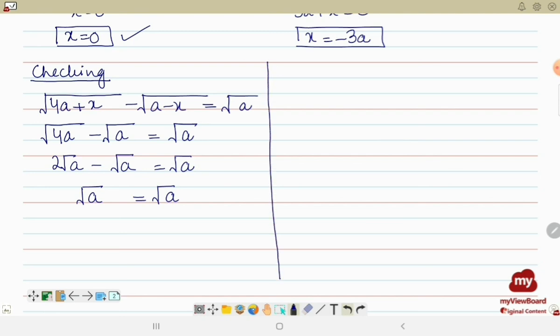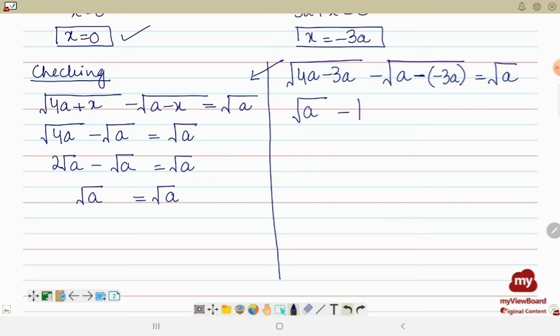Now we are going to check for, insert the values directly. So instead of x, I'll write down minus 3a, and this minus sign is of the equation, and instead of x, I'll write down minus 3a. Let's simplify it. 4a minus 3a becomes a. Here we have a minus minus plus 3a, and let's see how things are going to come out.